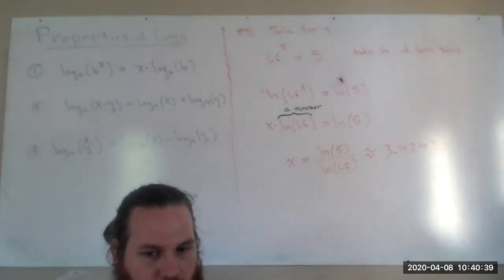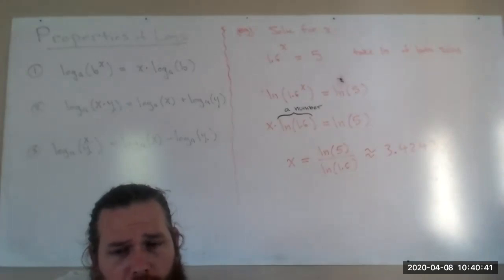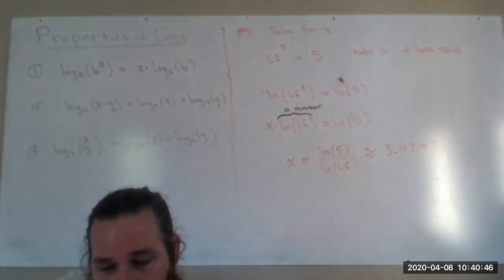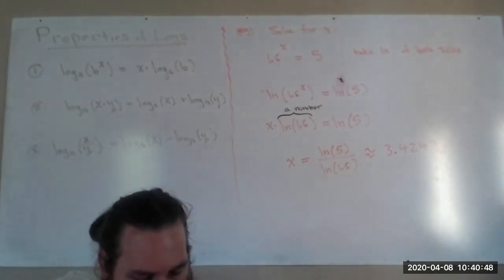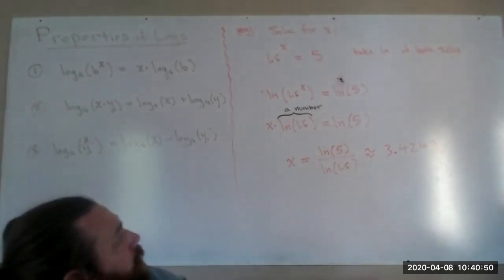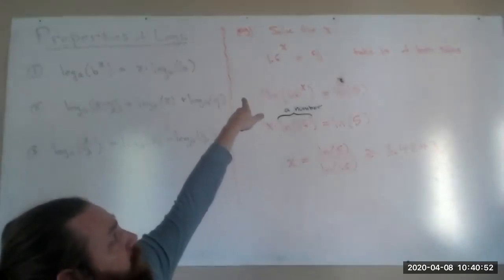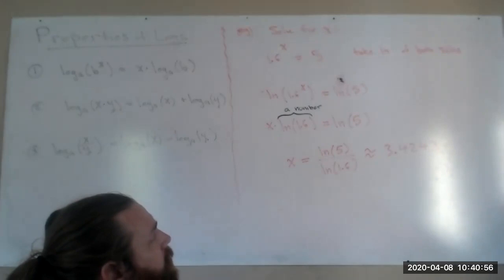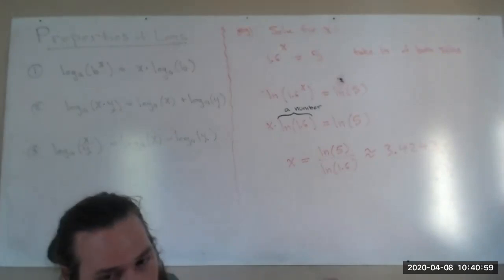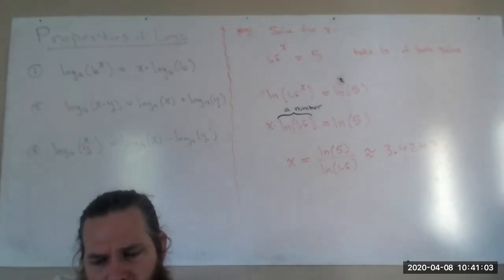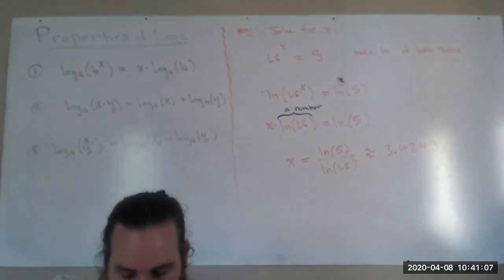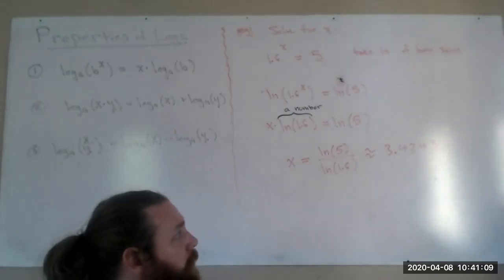General exponential equations can all be boiled down to something like this. Sometimes you'll need to do some sneaky algebra to factor or rearrange the equation to get it into something like 1.6 to the x equals 5. But always you're going to arrive eventually at some statement like that, and then you will take logs on both sides, usually a natural log or a common log, because those are the ones we have buttons for on our calculator, and those are the logs that people tend to like to use.